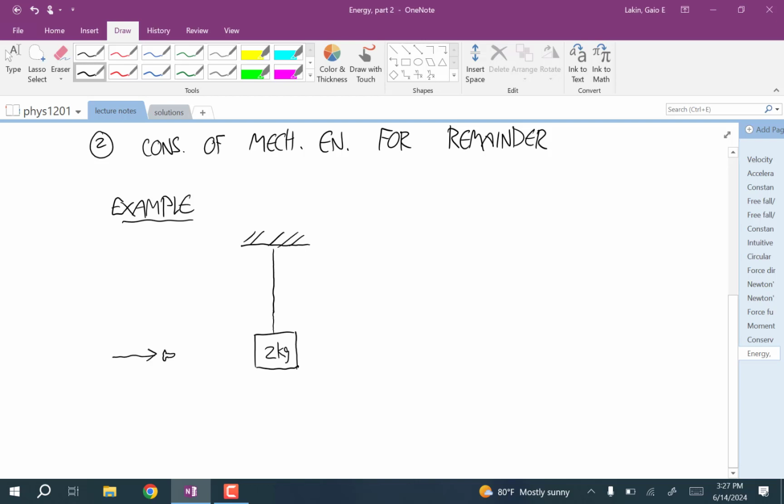And so this bullet is going to have a mass of 0.004 kilograms. And at the instant that it hits the hanging mass, it's going to be moving at 900 meters per second.